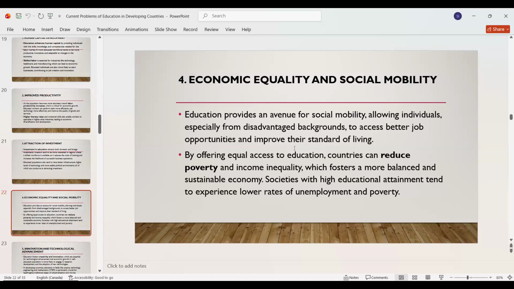So by offering equal access to education, countries can reduce poverty and income inequality, which fosters a more balanced and sustainable economy. Societies with high educational attainment tend to experience lower rates of unemployment and poverty.